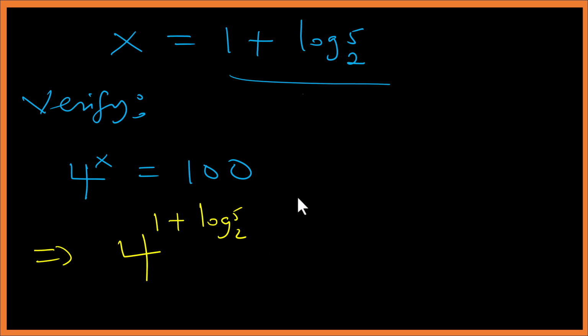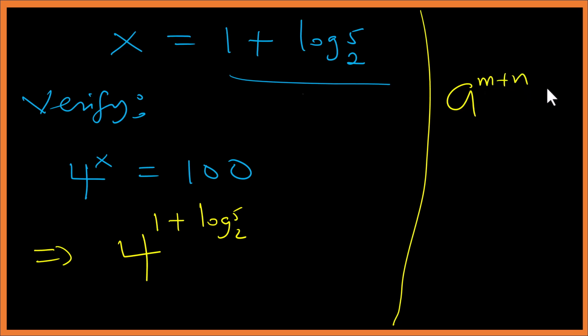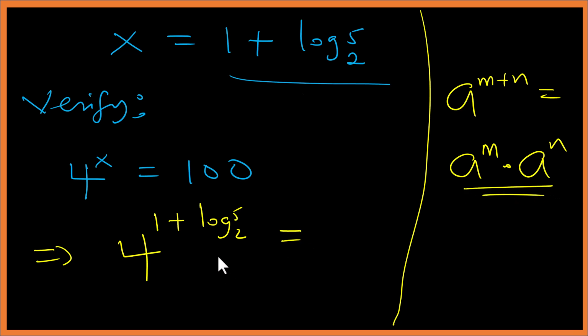So we have this. Now don't forget that a to the power m plus n is the same as a to the power m times a to the power n. So I want to check if we will get 100.